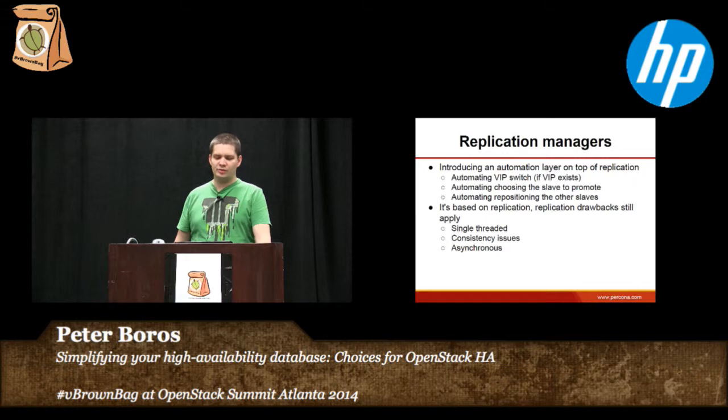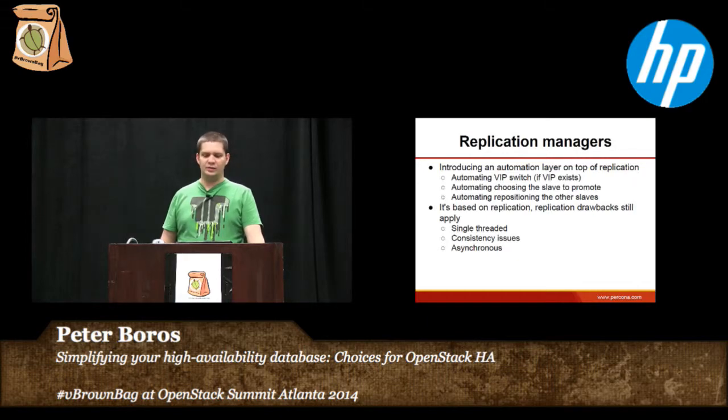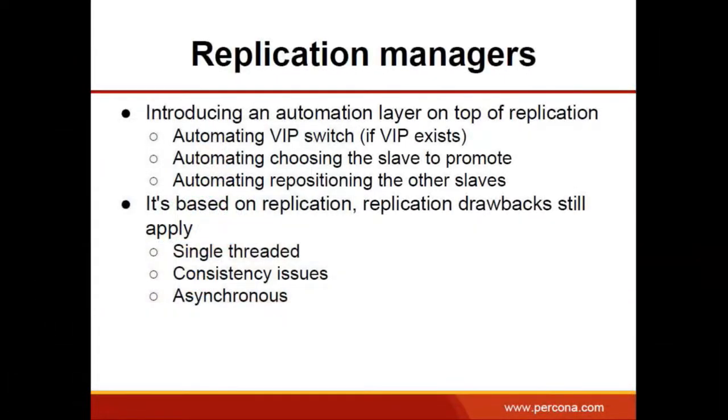So a replication manager is practically an automation layer on top of regular replication. It can automate a VIP switch, if there is such a thing as a VIP. In many replication managers, it's not even compulsory. It can automatically choose the slave to promote, and this is a harder task than it seems because the slaves are asynchronous and they can be at different points in time.